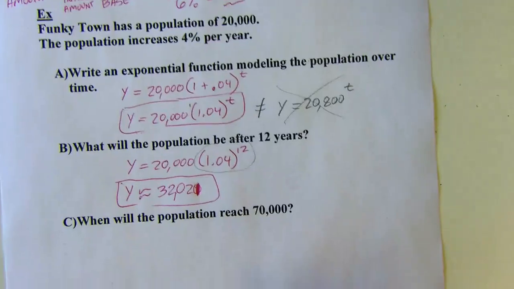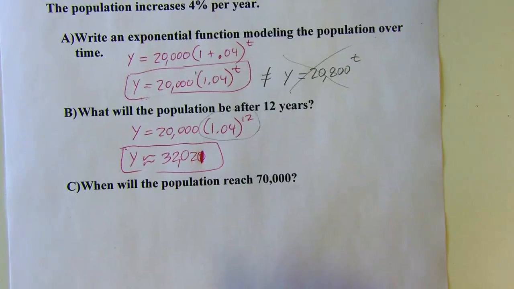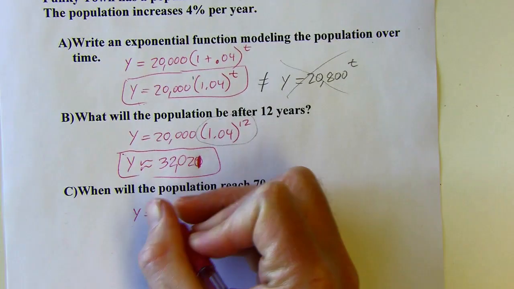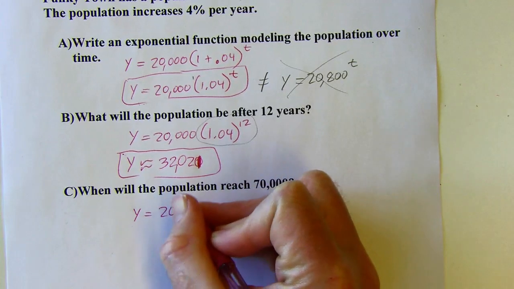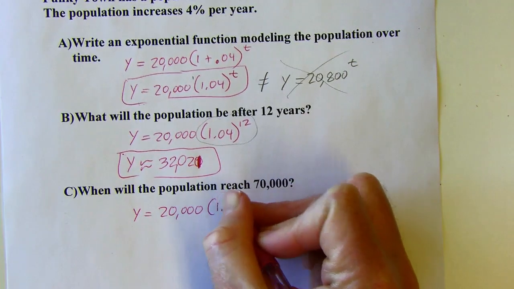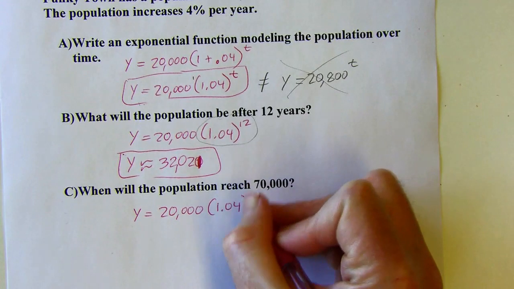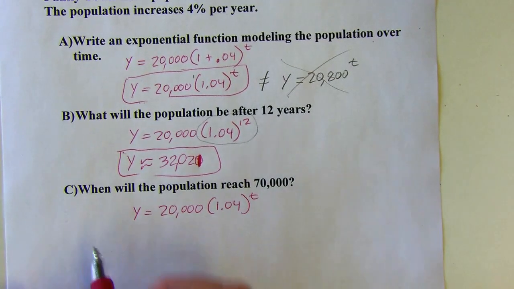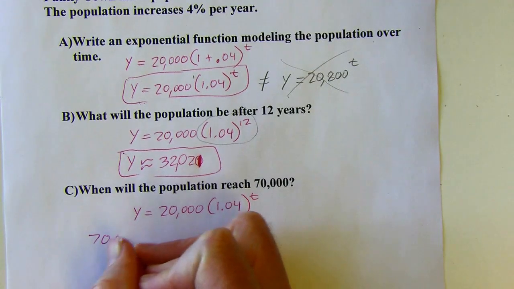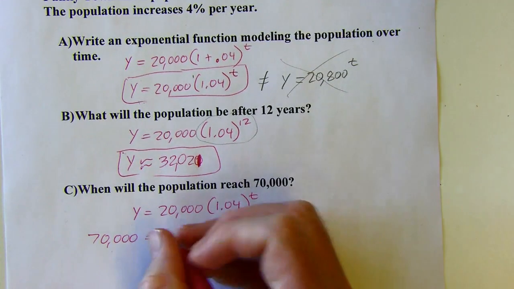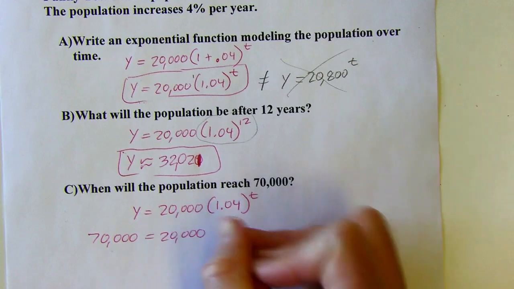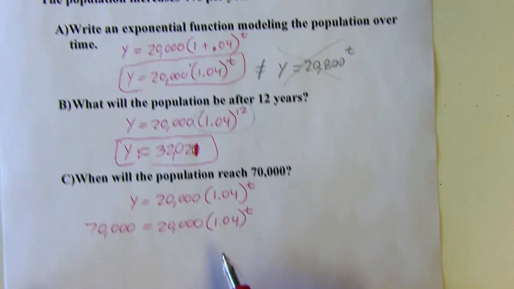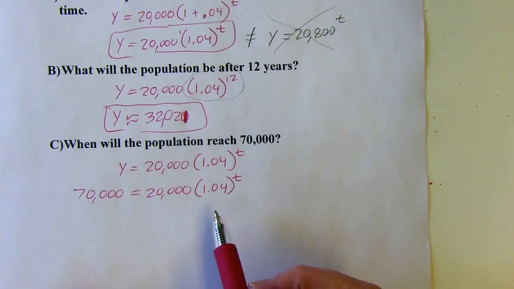Okay, when will the population reach 70,000? Well, I'm going to use this same function that I wrote, the same equation. Okay, and 70,000 is going to be the final amount, so I'm going to plug 70,000 in for y. Okay, now I'm trying to solve this for t, so I'm going to think, what can I do?